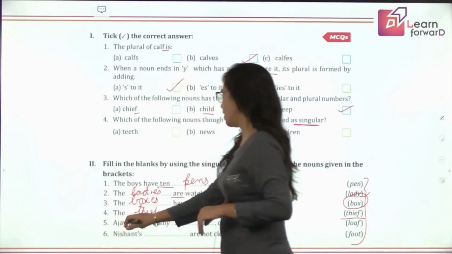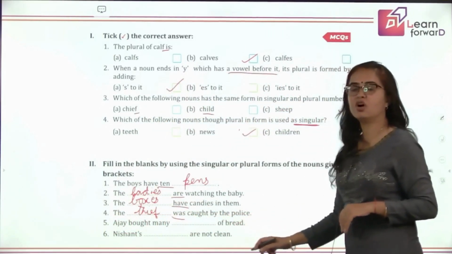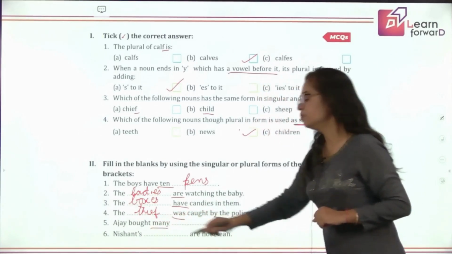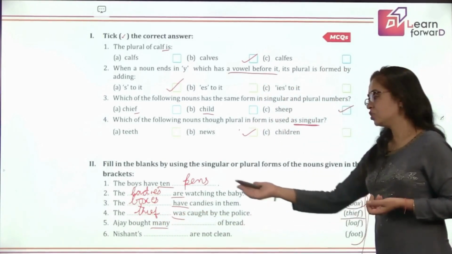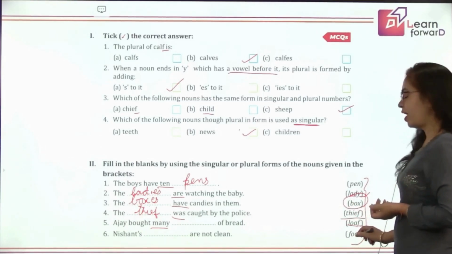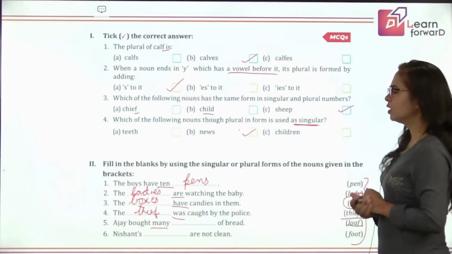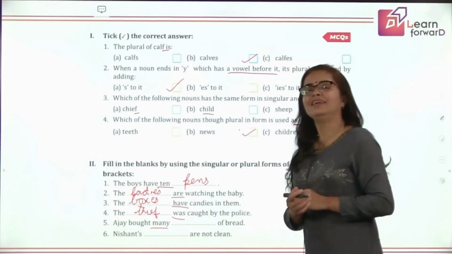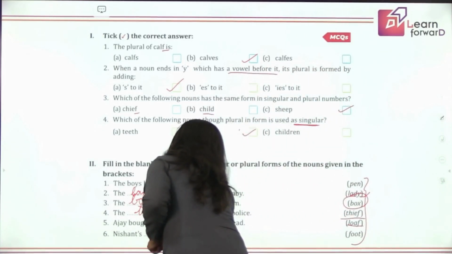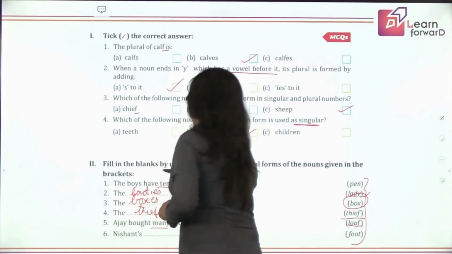Next, Ajay bought many dash of bread. We are talking about many here. It's obvious. So it will be plural and you have F at the end. What is the rule? Good. So we'll drop F and it will be LOAVES, loaves.